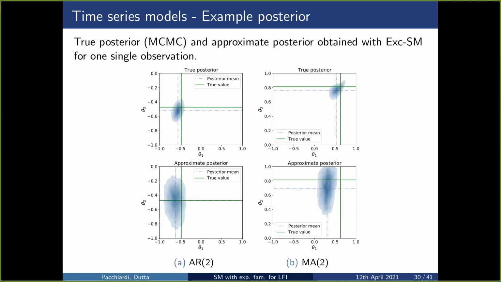And similarly, we see the approximate posterior is slightly wider, but it concentrates very close to the true parameter value, and is very similar to the true posterior in both cases. So we get quite good performance.